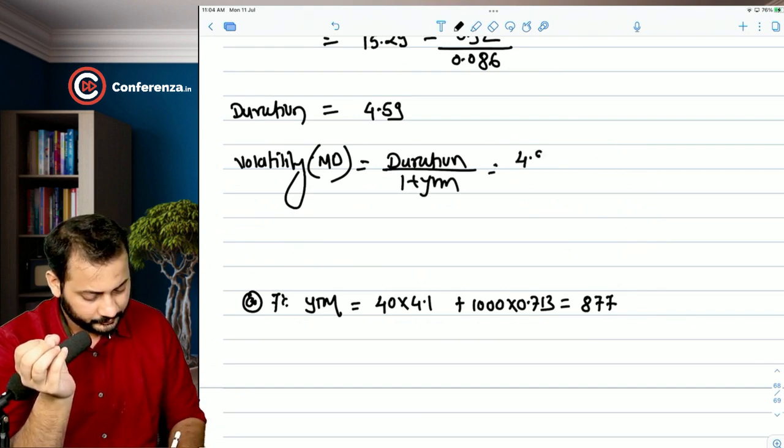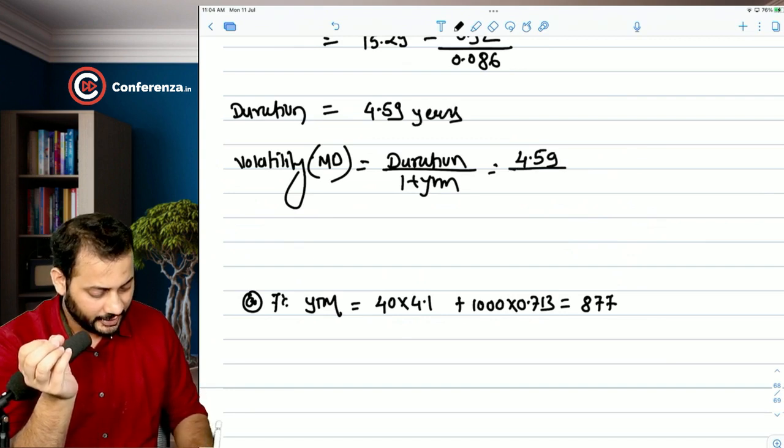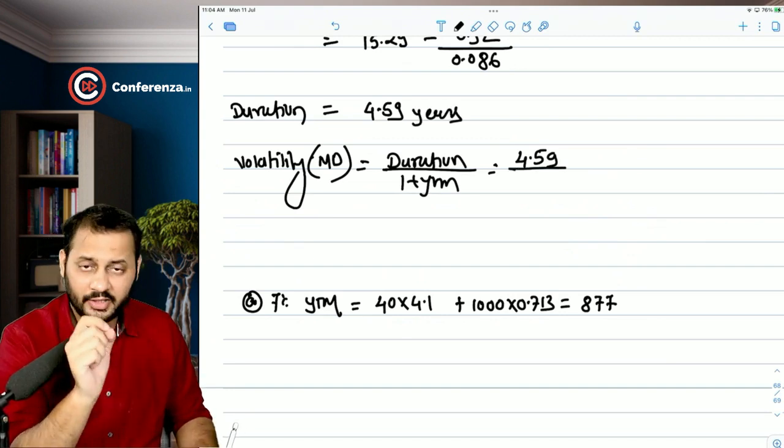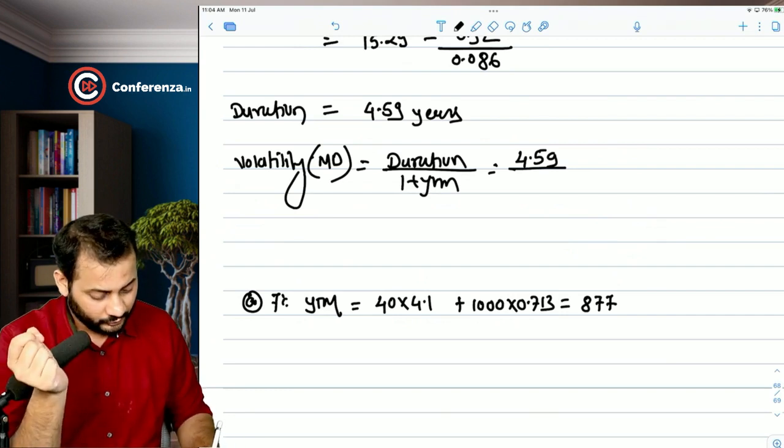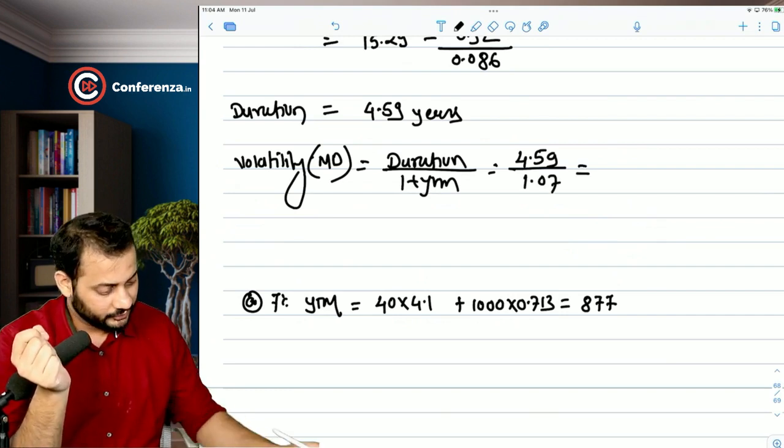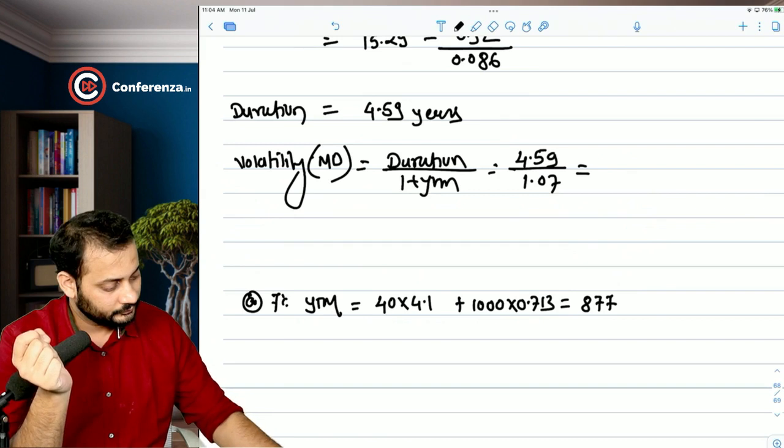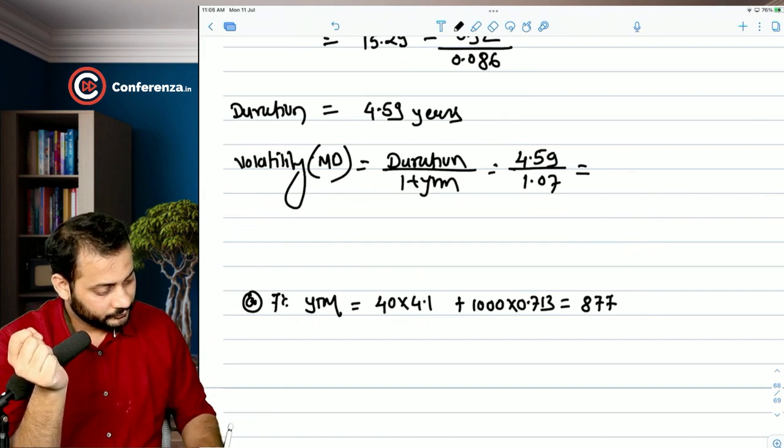4.59 is in years. This is the time in which the present value of the bond is recovered. 4.59 divided by 1.07 comes to 4.29.